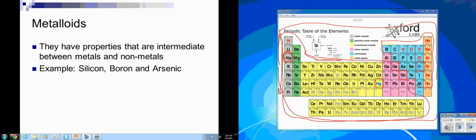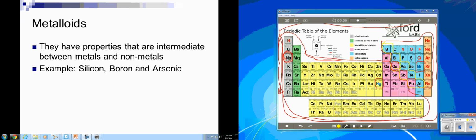So boron, silicon, arsenic, we have tellurium, antimony, polonium, germanium. That is our metalloids right there. Those ones within the yellow are metalloids. So again, they have properties close to metals, properties close to nonmetals, and they kind of blend between the two.